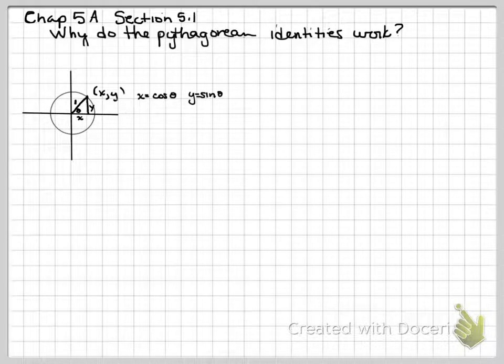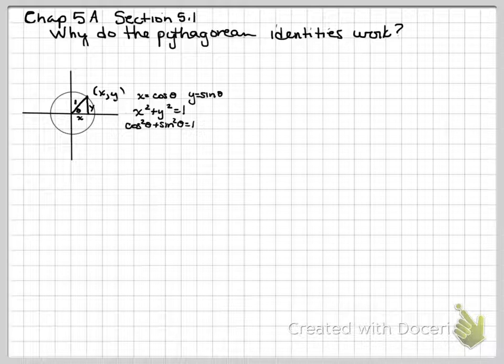But also, by looking at that right triangle, I know that x squared plus y squared equals 1. So using substitution, I can substitute the cosine of theta and the sine of theta into my Pythagorean theorem, and I end up with cosine squared theta plus sine squared theta equals 1.